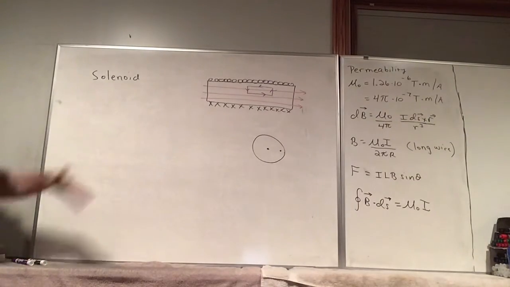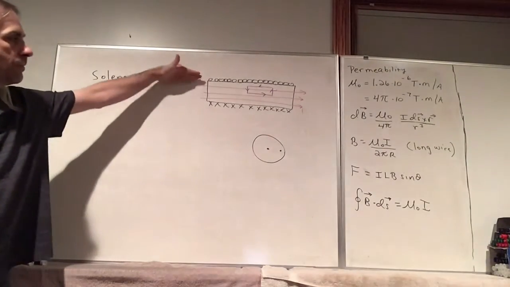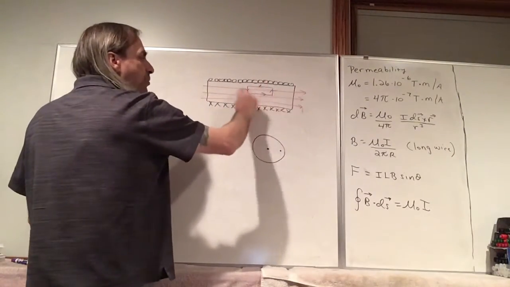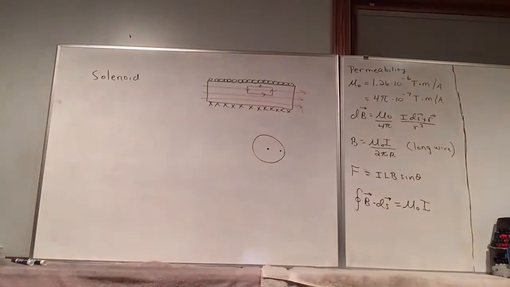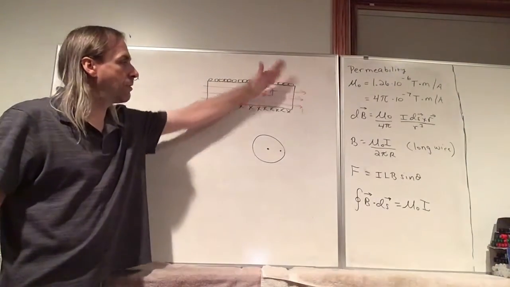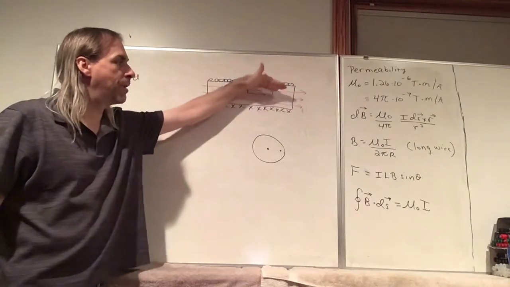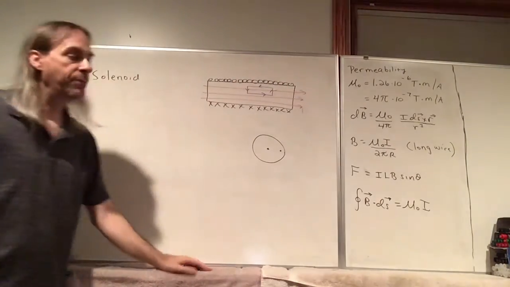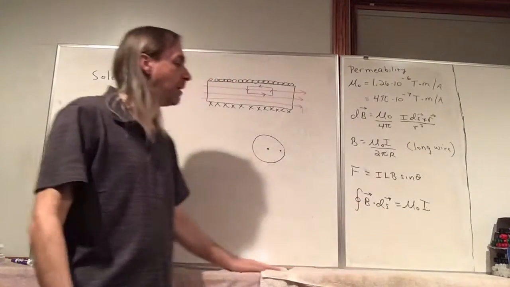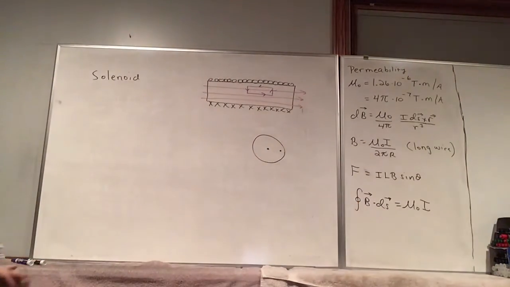The magnetic field lines are parallel to the axis, so B dot ds along these two sides is going to be 0. Because the magnetic field here is to the right, and along this segment it's up, they're perpendicular to each other. B dot ds is B ds cosine theta, and cosine of 90 is 0.